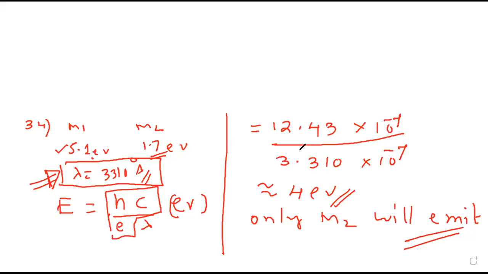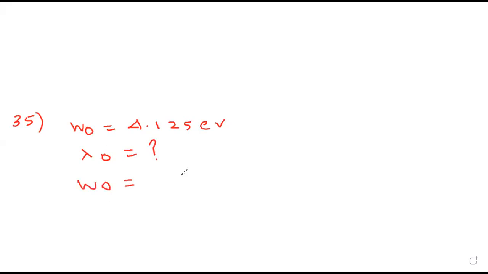Yes, sir. Come to 35. The photoelectric work function for a metal surface is 4.125 electron volt. The cutoff wavelength means lambda 0, the threshold wavelength. So work function is hc upon lambda 0. If I divide by e, the entire thing becomes electron volt.